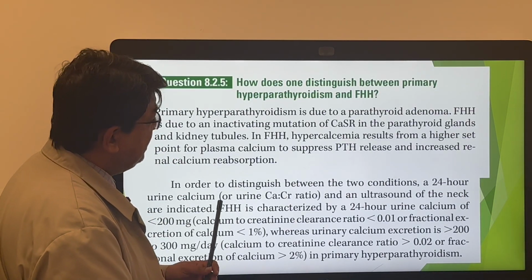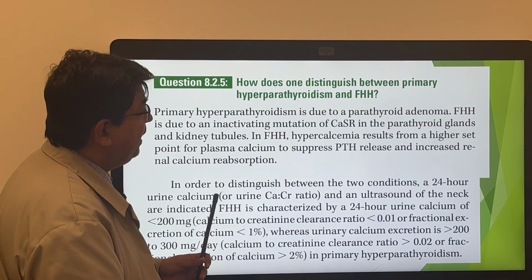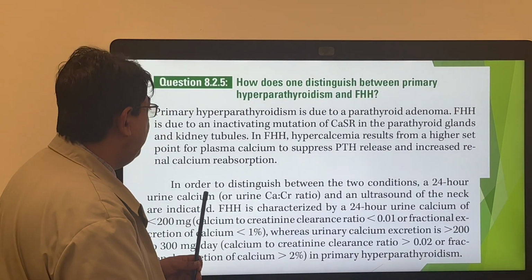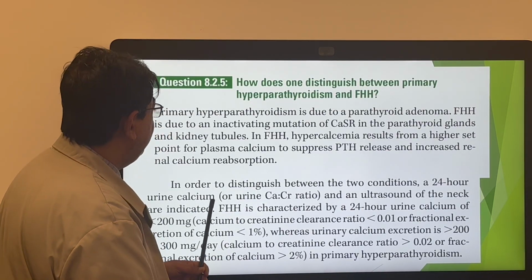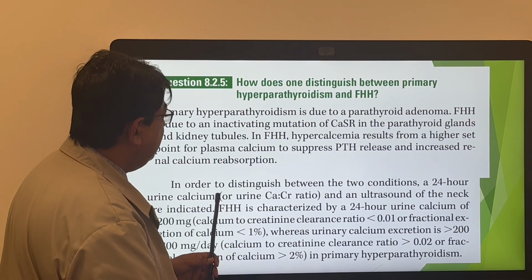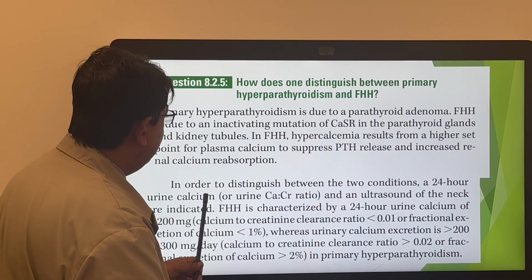So how does one distinguish between primary hyperparathyroidism and familial hypocalciuric hypercalcemia? The main thing is hypocalciuria. We already talked about the metabolic basis of familial hypocalciuric hypercalcemia.